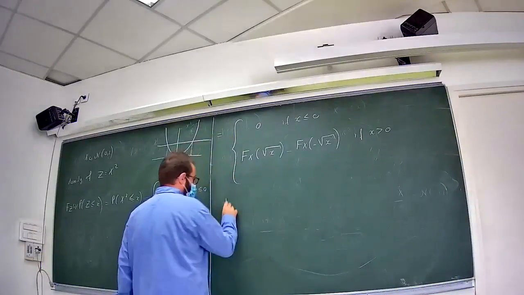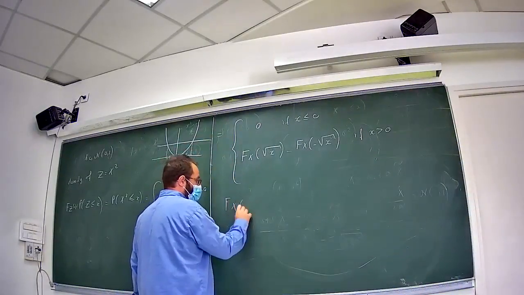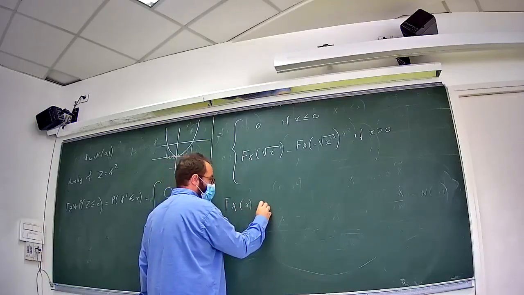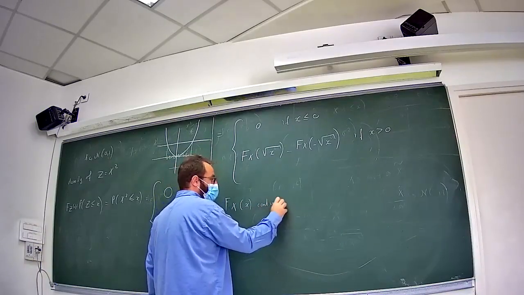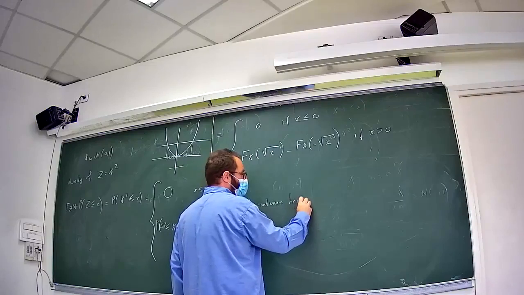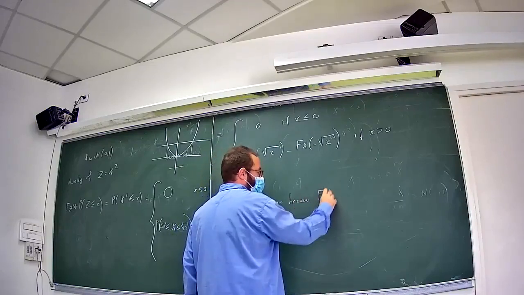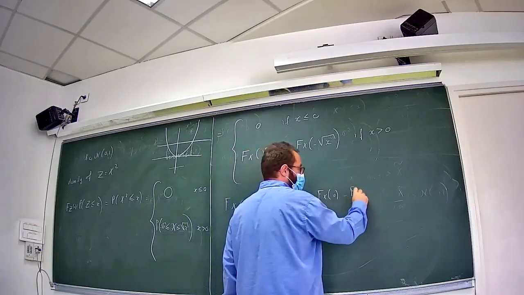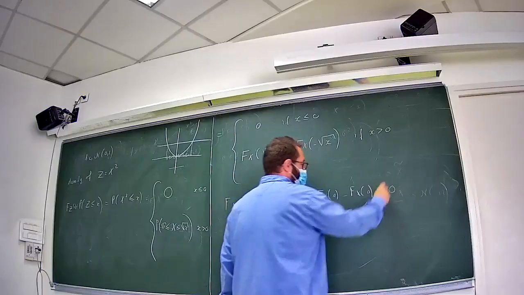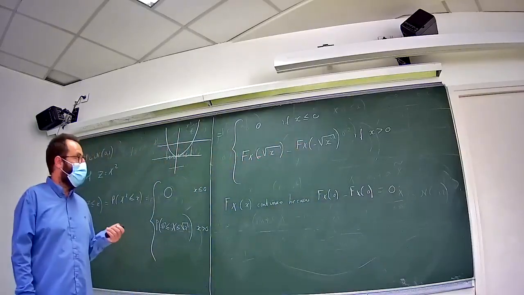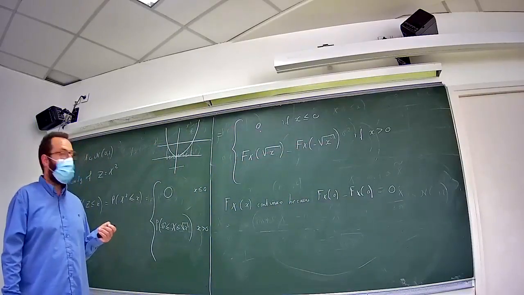So I'll write it this way, fx continuous because fx of 0 minus fx of 0 is equal to 0, meaning that at x equal to 0, what you have here and what you have here coincide.